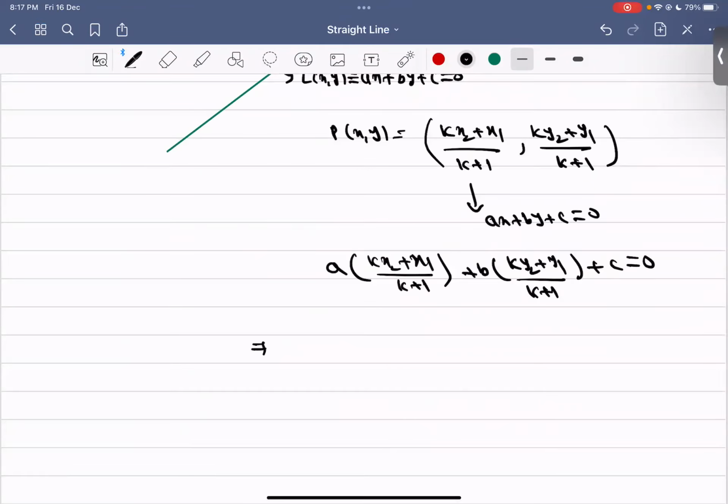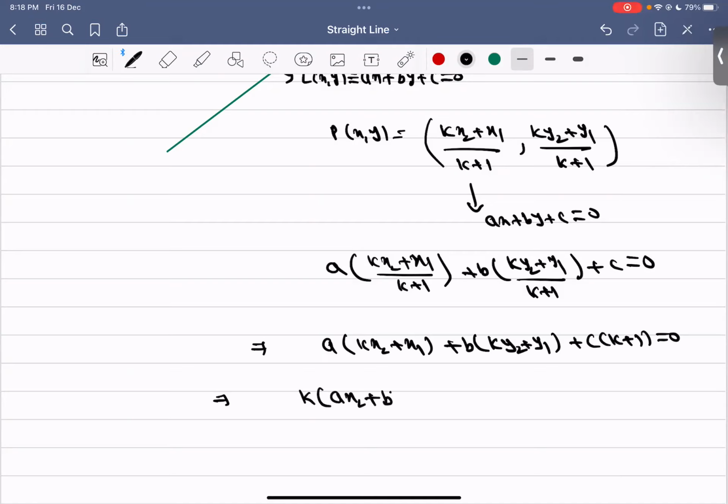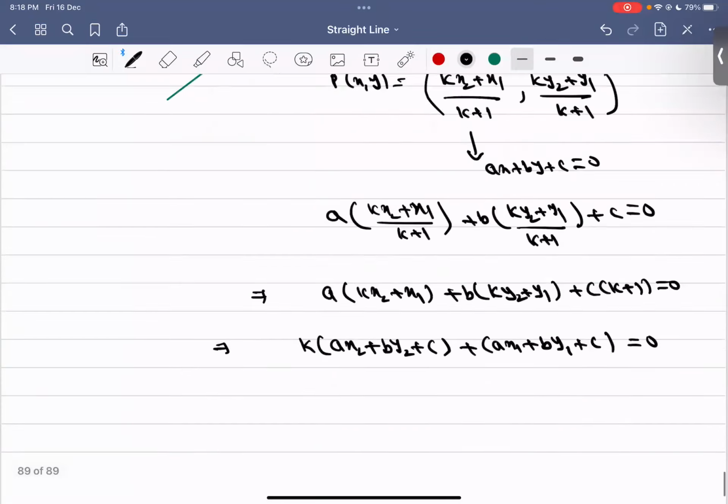This implies a into (kx2 plus x1) plus b into (ky2 plus y1) plus c into (k plus 1) is equal to 0. So similar to previous one, if you take out k common, k(ax2 plus by2 plus c) plus (ax1 plus by1 plus c) is equal to 0.